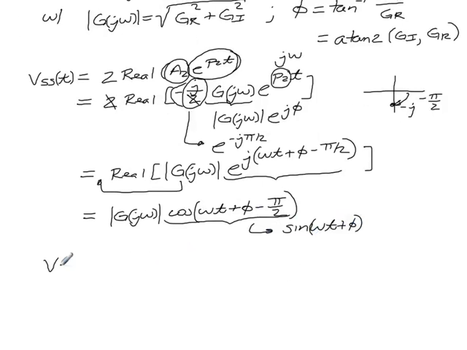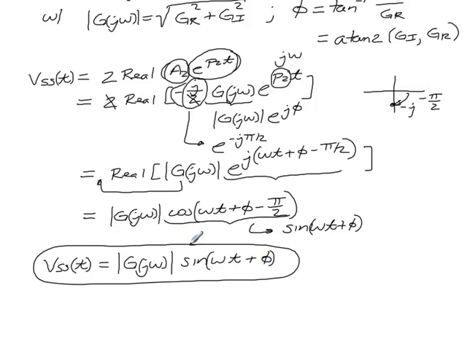So this is a very important result, not only for this example, but for all the other problems we're going to look at in this chapter. And it tells us a lot. It says that we don't have to go through the partial fraction expansion. We don't need to do an evaluation of residue. All we need is to know the transfer function G, set s equal to jω, take the magnitude of that.